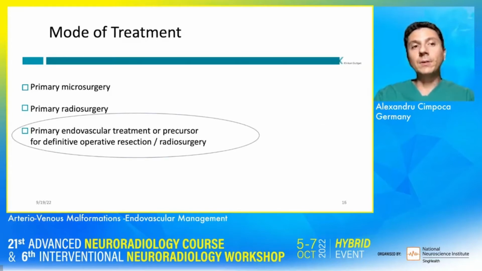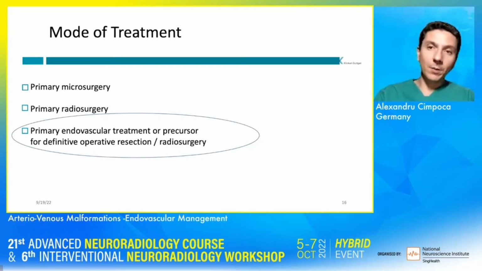The modes of treatment: there is primary microsurgery, primary radiosurgery, but the part we're going to talk about in the next minutes is primary endovascular treatment, or endovascular treatment as a precursor for operative resection or radiosurgery.